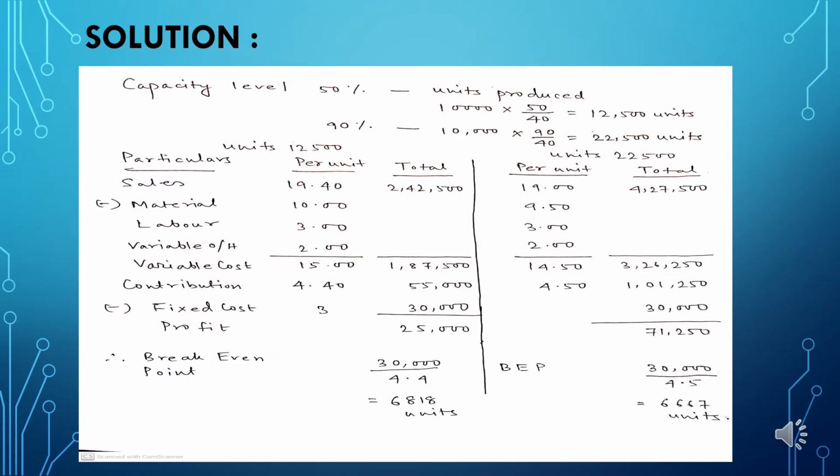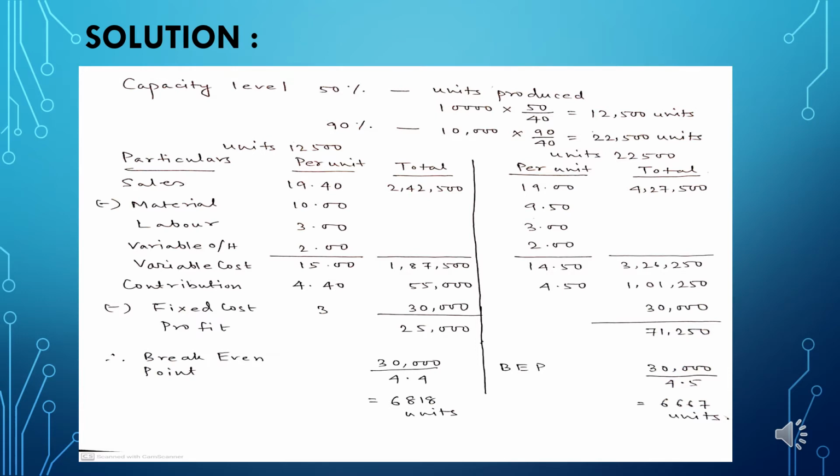Simultaneously, as I have already mentioned, the variable cost will be divided into the material cost, which is 10 per unit, labor cost of rupees 3 per unit, and there was a total overhead of 5, out of which 60% was fixed. So if 60% was fixed, that means fixed cost per unit is 3. The remaining amount, rupees 2 per unit, goes into the variable overhead.